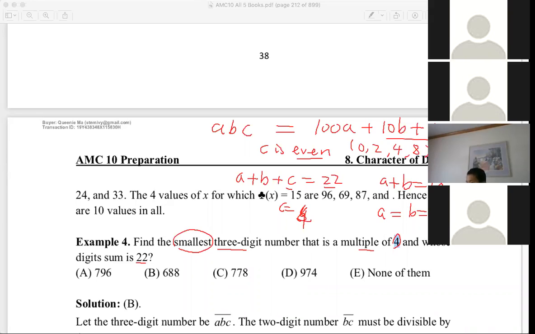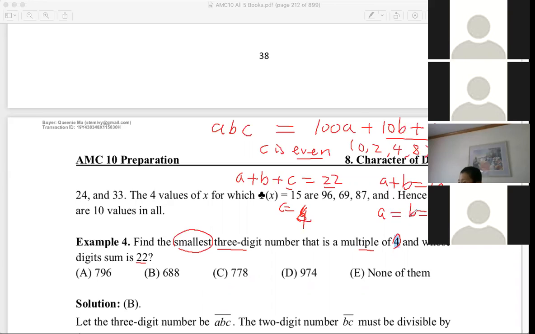994, you check the last 2 digits, 94 is not divisible by 4, right? So here they said all the digits A, B, C should not be less than 6. Otherwise, if C equals 4, A plus B should equal 18.